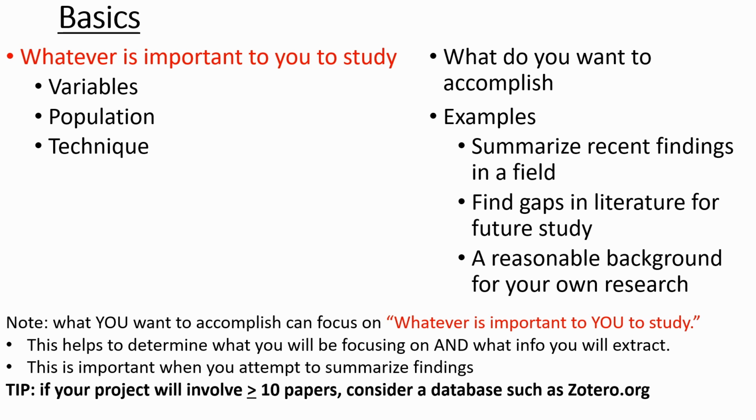Now, this is just a tip. If your project involves reading more than 10 papers, consider using a citation database such as Zotero.org. It's free. It helps you organize your citations as you build up more and more papers. And also, you don't have to hand cite every single paper you read.